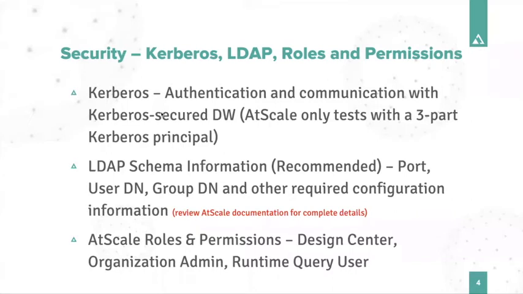One is the design center role, the other is the organization admin, the third one is the runtime query user. So these are 3 default roles that are preset for you, but you can create new roles, you can create groups, and you can control access to the AtScale platform outside of these 3 default roles and groups as well.